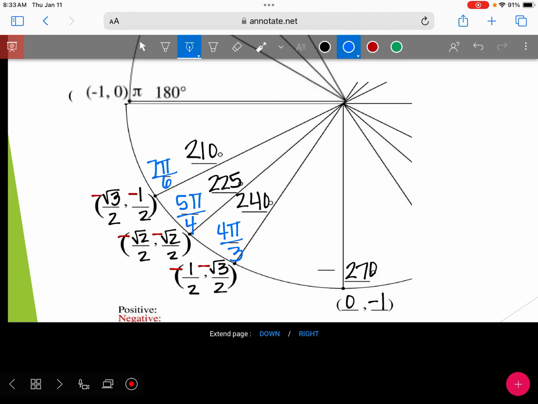Not 4 over 3. What is 270 in radians? 3 pi over 2. Thank you. I was getting nervous because that's one of our easy ones now. We got to know that one. We talked about this during class time when I'm teaching. You just haven't been here, but we talked about it.